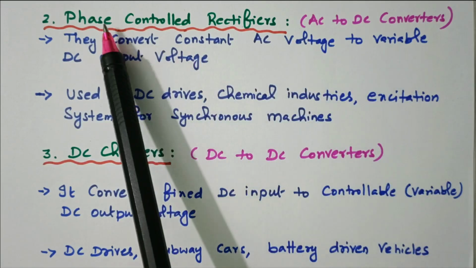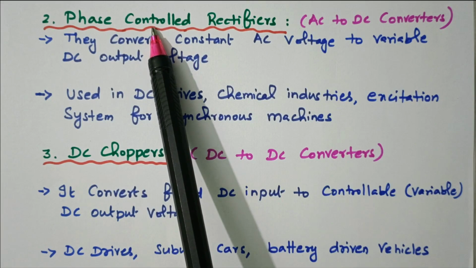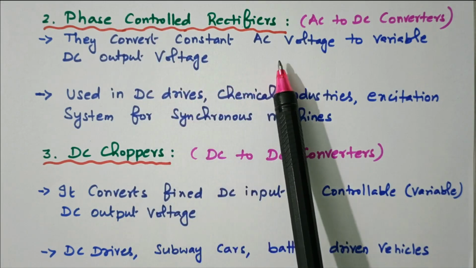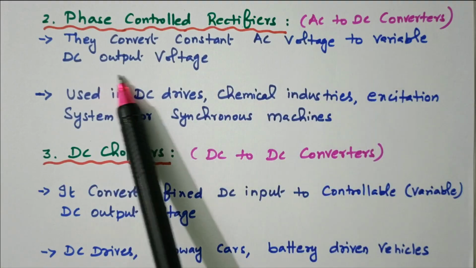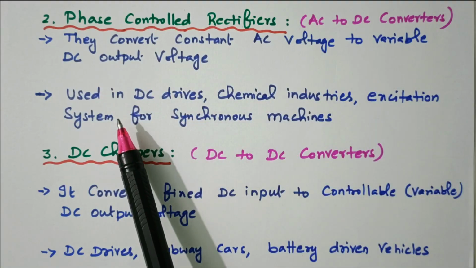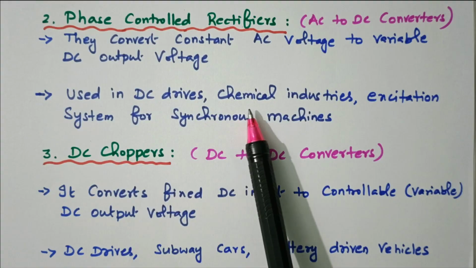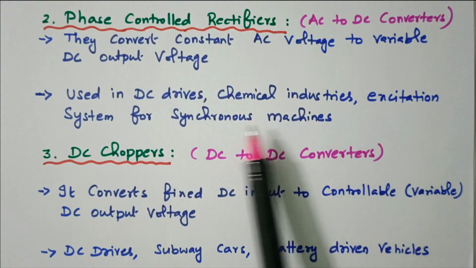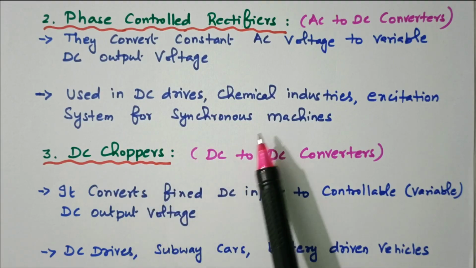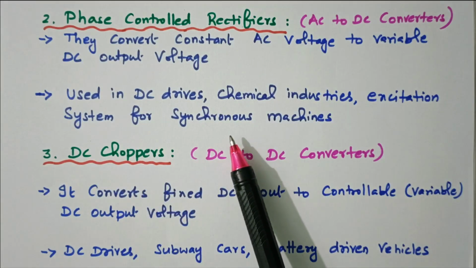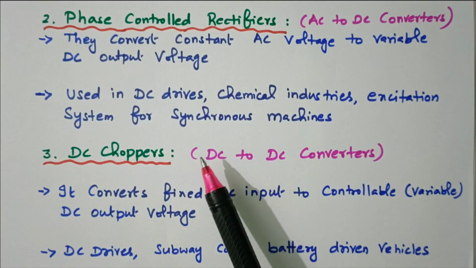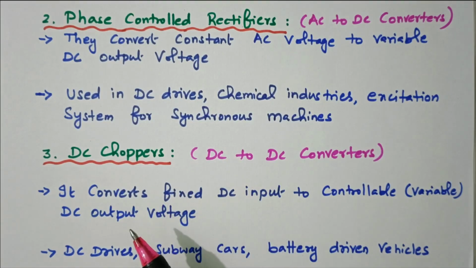That's why it's called phase controlled. Earlier one is uncontrolled. So AC to variable DC output voltage. That is used in DC drives, chemical industries, excitation system for synchronous machine. This is the application of the phase controlled rectifier. So the first two types are AC to DC converters.